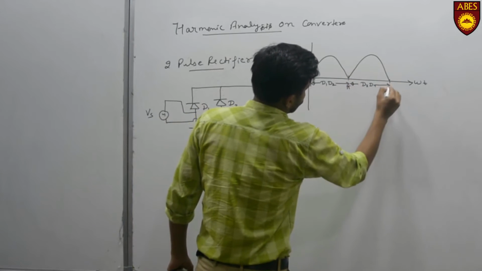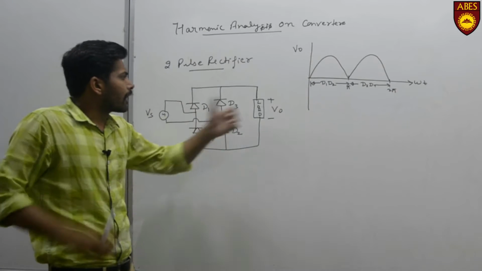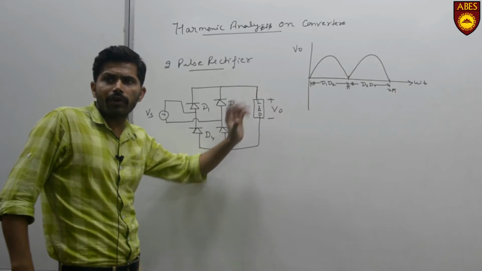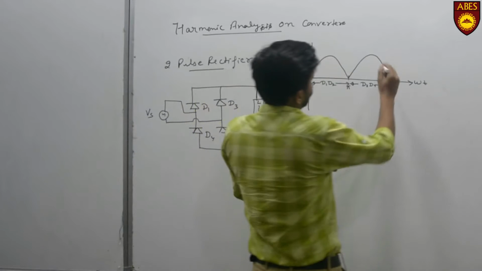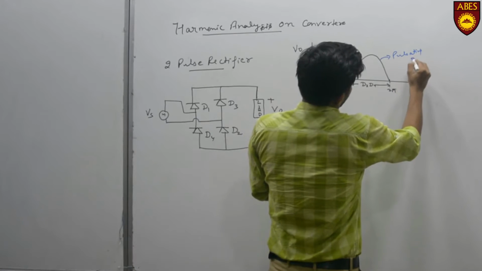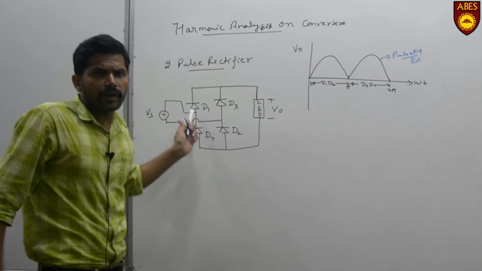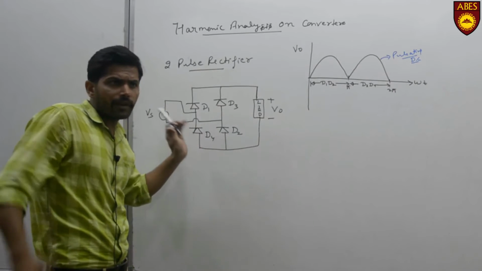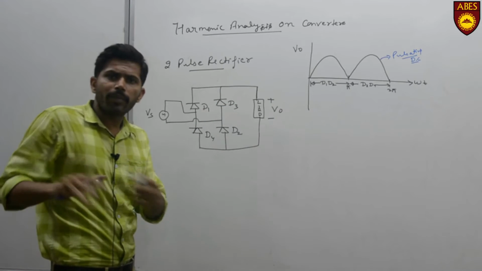This is instant pi, this is instant 2 pi. At the DC side of the rectifier we want pure DC, but this is not pure DC, this is pulsating DC. That is the main disadvantage of the rectifier, that it will inject harmonics into the supply system or ripples into the DC side.